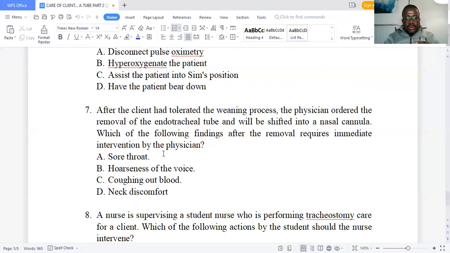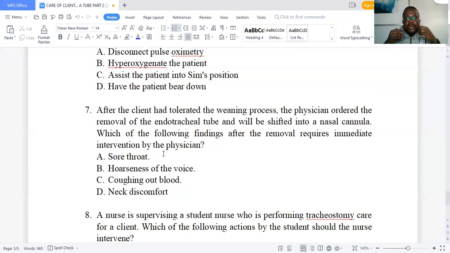Now, the patient has tolerated this process. So the physician has ordered that the endotracheal tube be removed, because oxygen was not being given through the endotracheal tube anymore, though it was still in place.